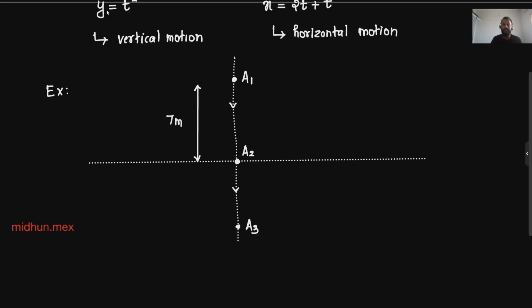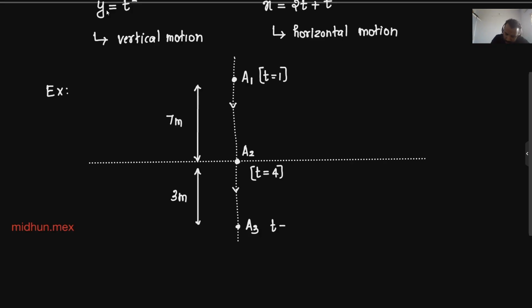Like this a person traveled. Let us say this distance they provided as 3 meters. And each thing happened at a particular time. Let us say at time equal to 1, the person is at A1 location. At time equal to 4, the person is at A2 location.